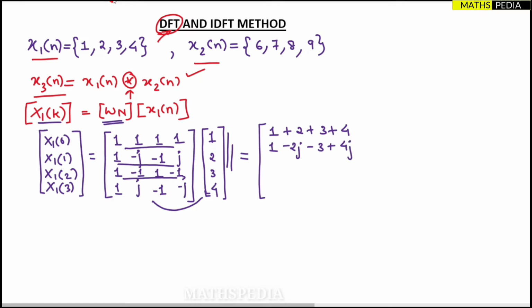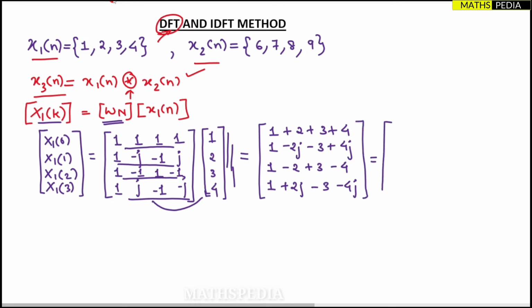Next, third row into this column, 1 minus 2 plus 3 minus 4. Next, fourth row into this, that is 1 plus 2j minus 3 minus 4j. So this is what I got. Let us write the answer for this.